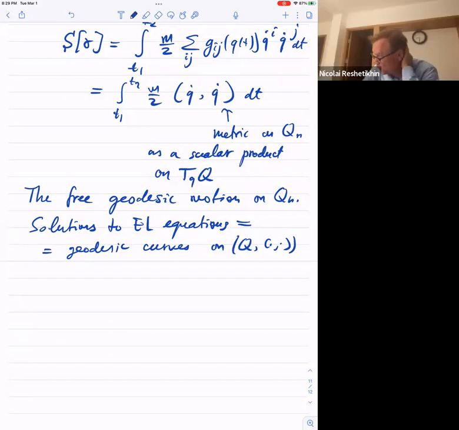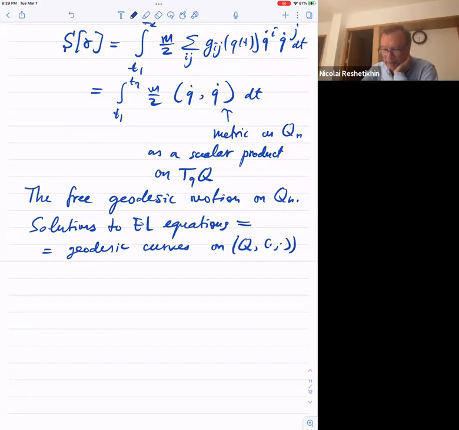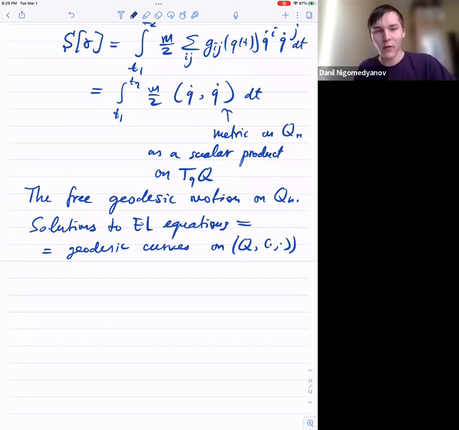I didn't understand the definition of a physical system. I mean, we've been describing some motion provided by the Lagrangian L. Yes. And then this Lagrangian induces a metric on our manifold Q. Yes.